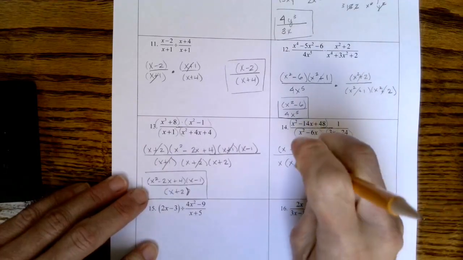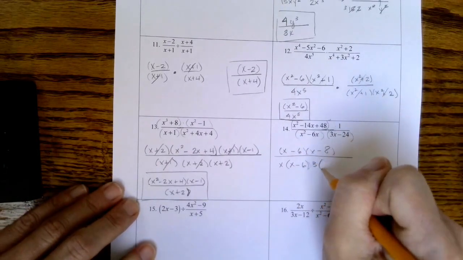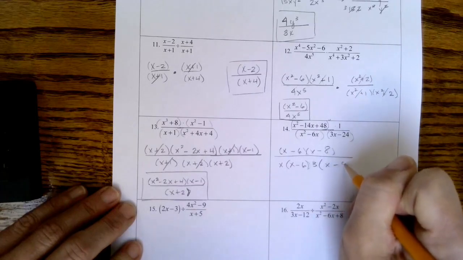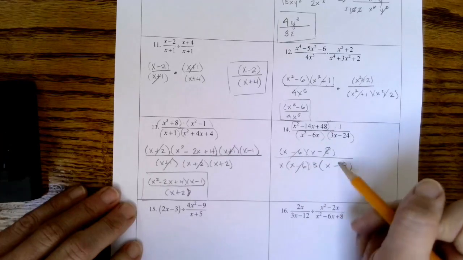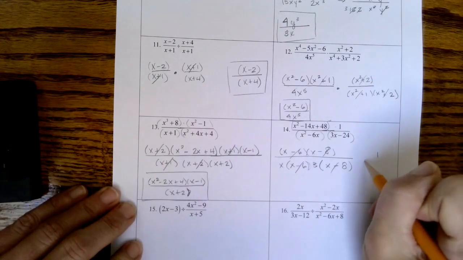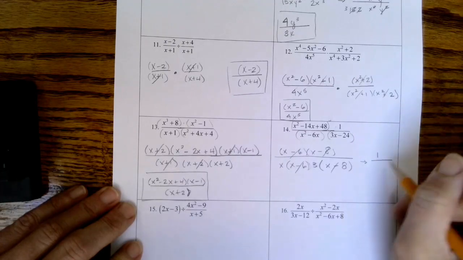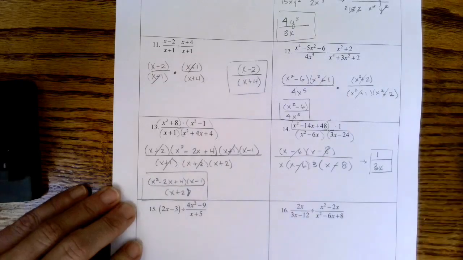We'll also pull out a 3, and that's going to give us x minus 8. So that those cancel out. 1 will hold the spot for me, and 3x is in my denominator.